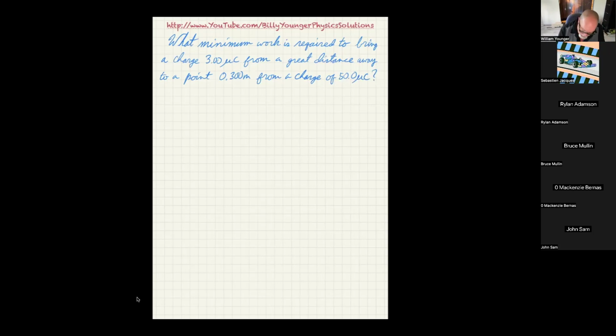So what we know is work is equal to Q times delta V, which means work is equal to Q times VB minus VA. And what we're going to imagine is that VA equals 0 because RA is essentially infinity.